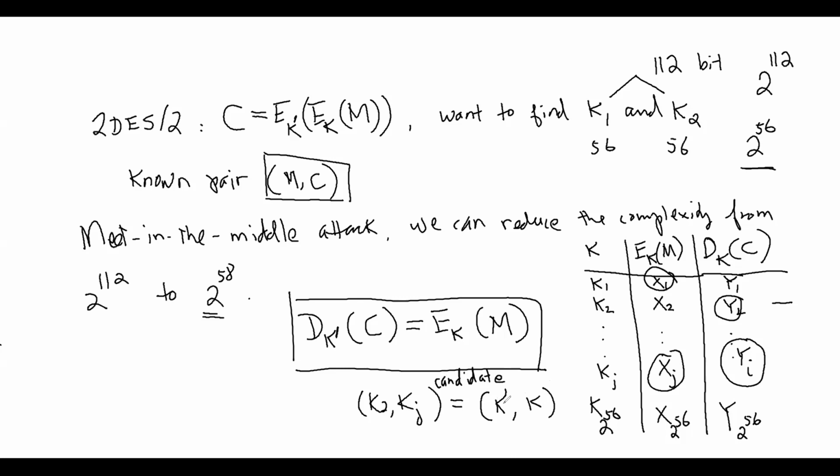So if this is unique, then we are done. We found K prime and K. If unique, then we found K prime and K, which is K2 is K prime, Kj is K. But the situation would be that there are so many such candidates, okay?